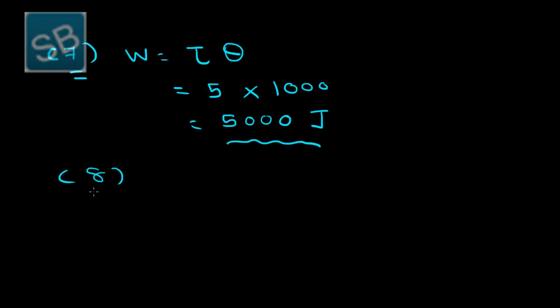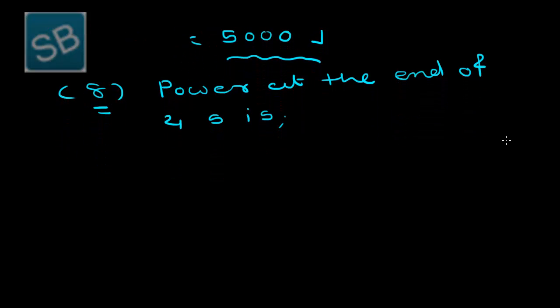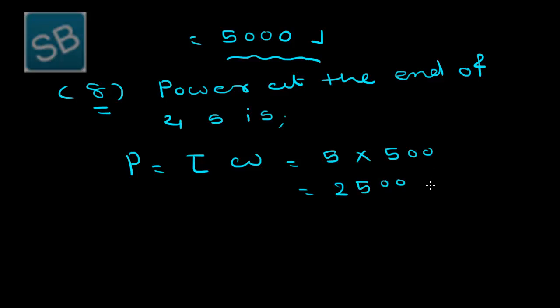Now the 8th one is power at the end of 4 seconds, so that is given by P is equal to tau omega, which is equal to 5 into 500, that means 2500 watt.